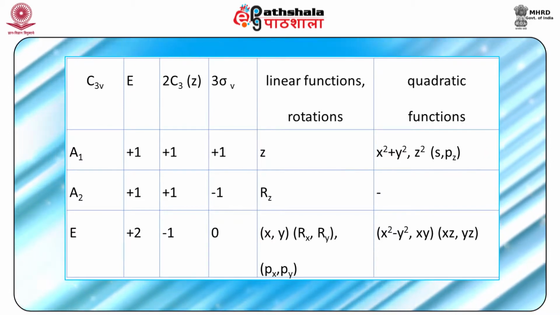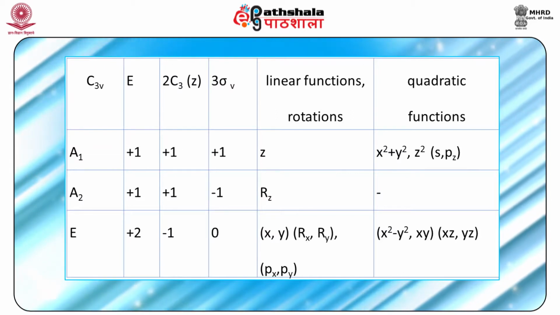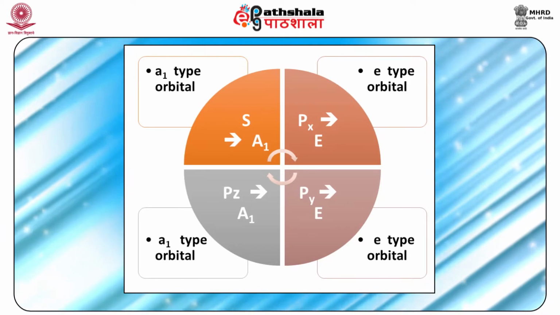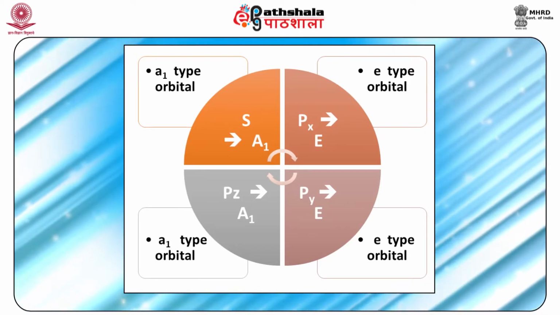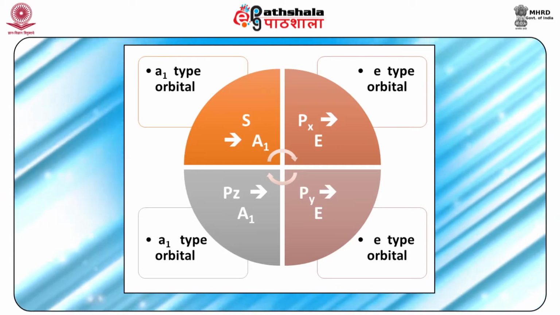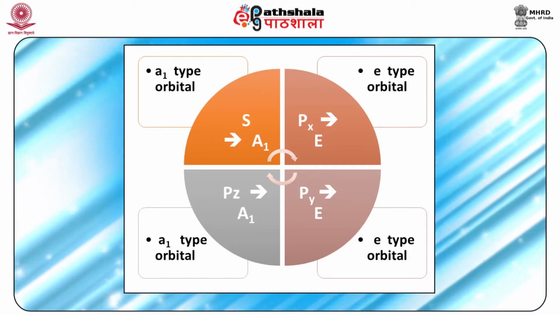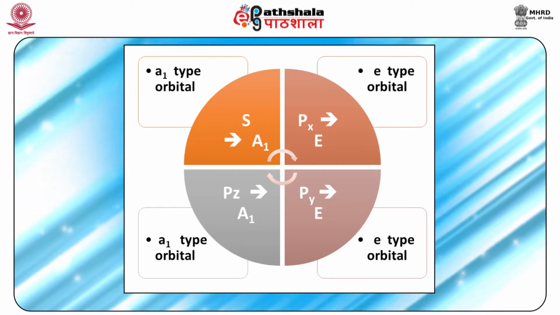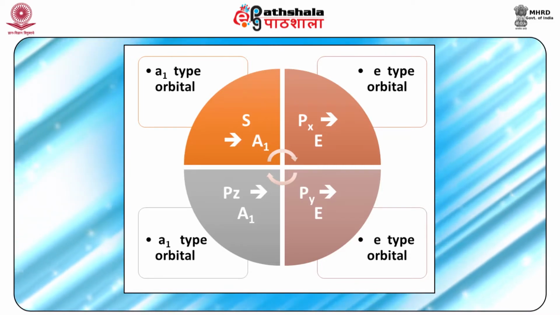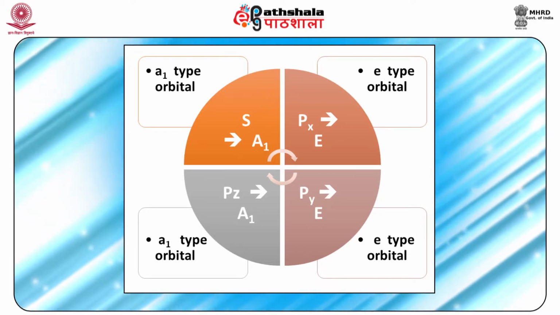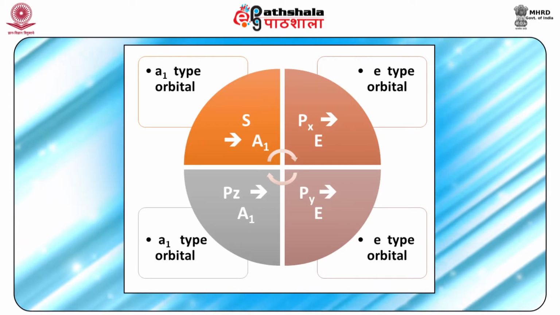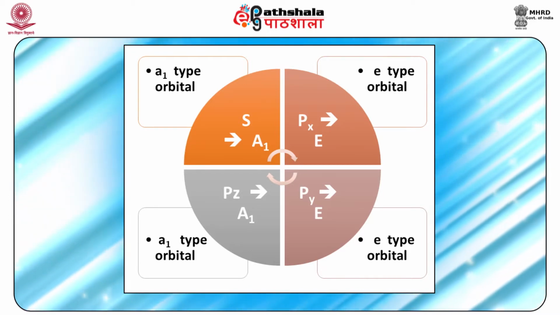That is, we take the character table and go for the symmetry of these. The s orbital belongs to A1 symmetry, that is, it is a small a1 type orbital. The px orbital and py orbital belong to E symmetry, that is, these are small e type orbitals. The pz is again of A1 type, that is, it is a small a1 type orbital.